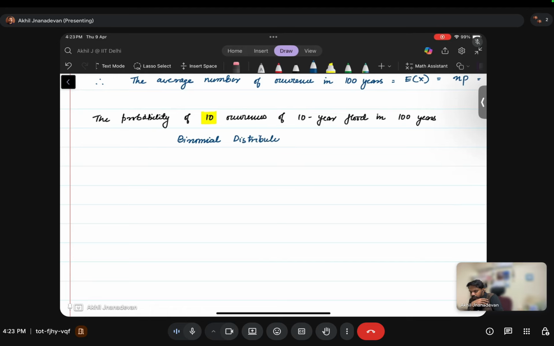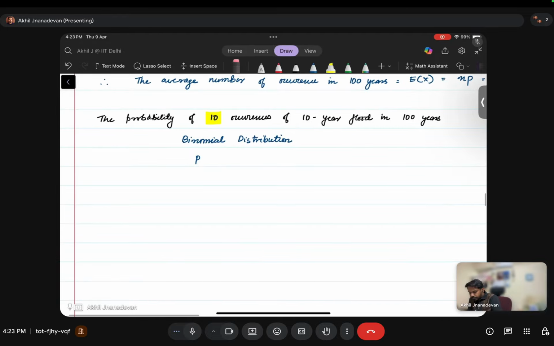It is defined as p X of x and has two parameters, n and p. That is, n is the total number of occurrences and p is the success probability.